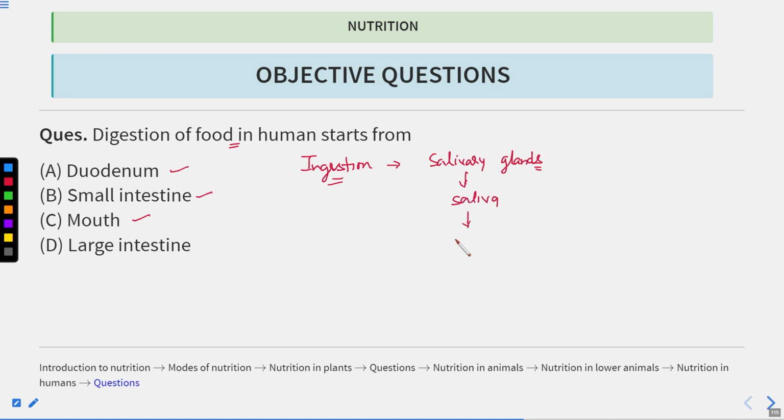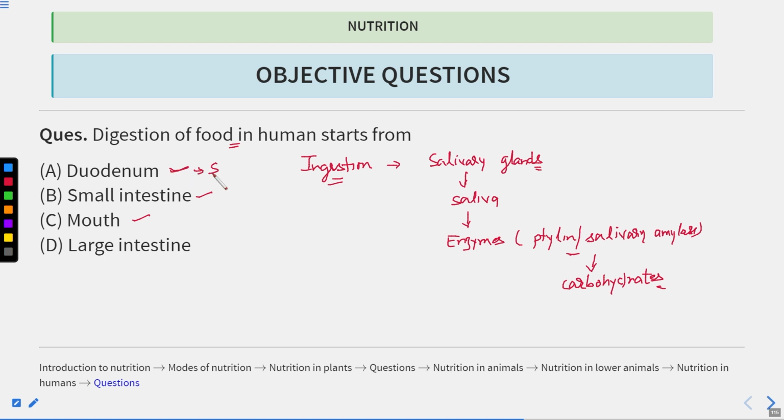And saliva contains digestive enzymes, which is known as ptyalin, or another name for ptyalin is salivary amylase. So salivary amylase or ptyalin helps in the digestion of the carbohydrate. So the digestion starts in the mouth. Carbohydrates are digested in the mouth.